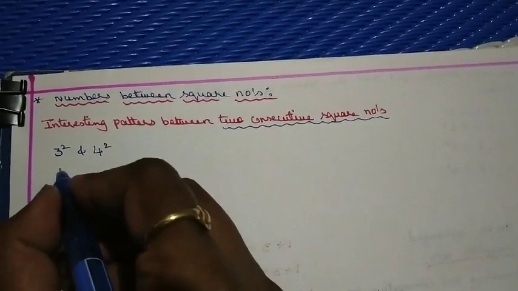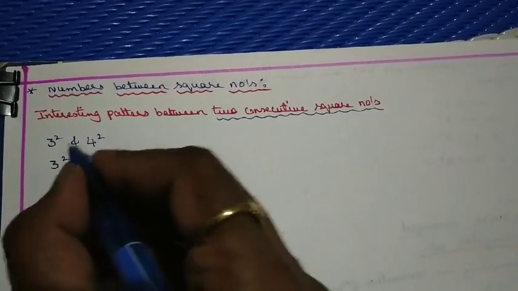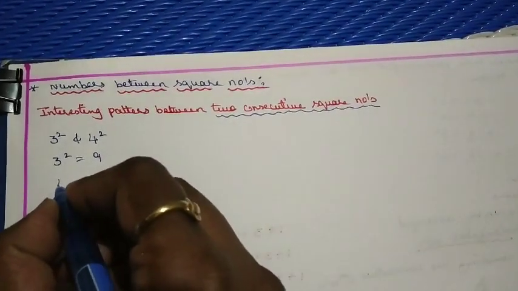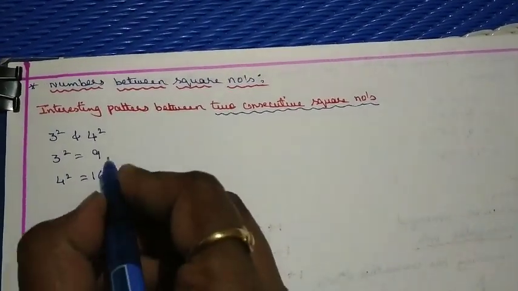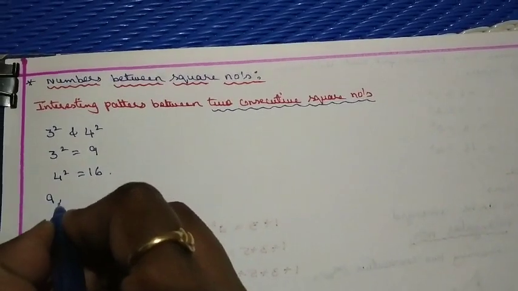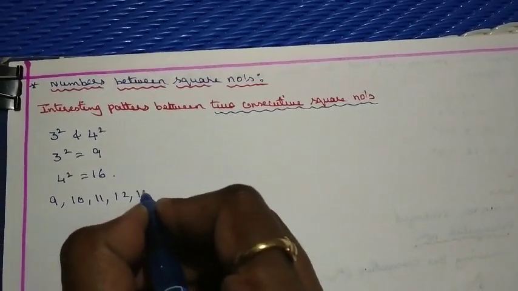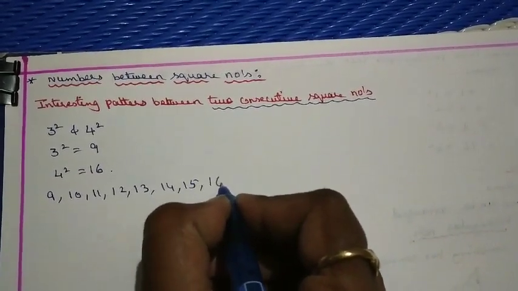We know that 3 square is 9, 3 into 3 equals 9, and 4 square is 16. If I write the natural numbers from 9 to 16: 9, 10, 11, 12, 13, 14, 15, 16.